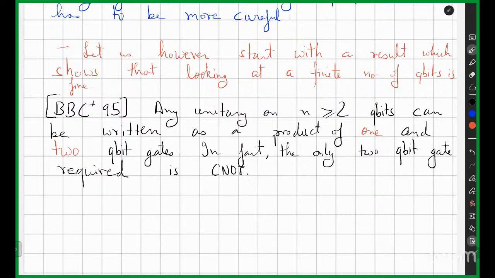This actually is useful, right? It's saying that essentially, if you had the ability to do arbitrary transformations on a single qubit, then by combining those you can create any unitary on any number of qubits. Having access to at least one 2-qubit gate is necessary. This is true in the classical case also.